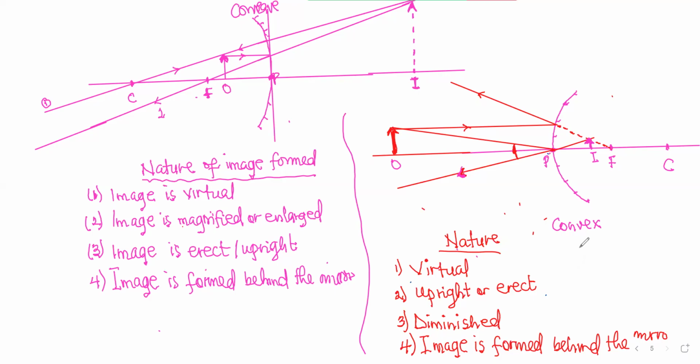It is for this reason that if you look at the side view mirror, the driving mirror, there is the writing that objects you see are always closer than they actually are. Meaning, the image formed by a convex mirror is always closer to the mirror than the real object.